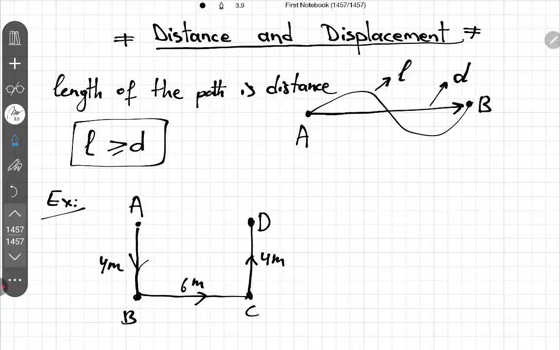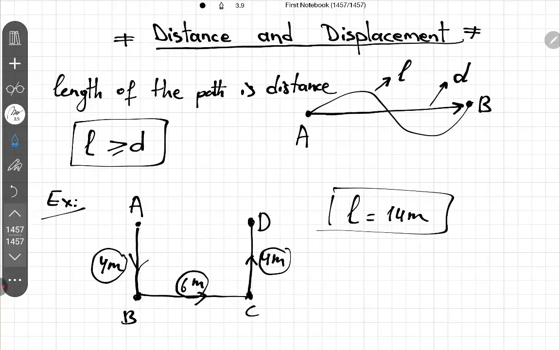Let's calculate the distance. We said that the distance is the length of the total path. So here you see that we have gone 4 meters, then 6 meters, and then 4 meters. We sum all of them and we get 14 meters. So it means that the distance equals 14 meters. And let's try to calculate the displacement.